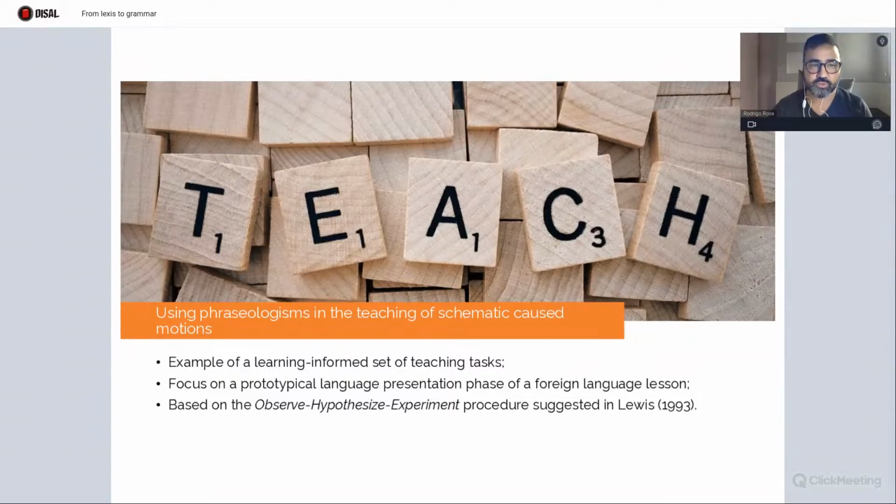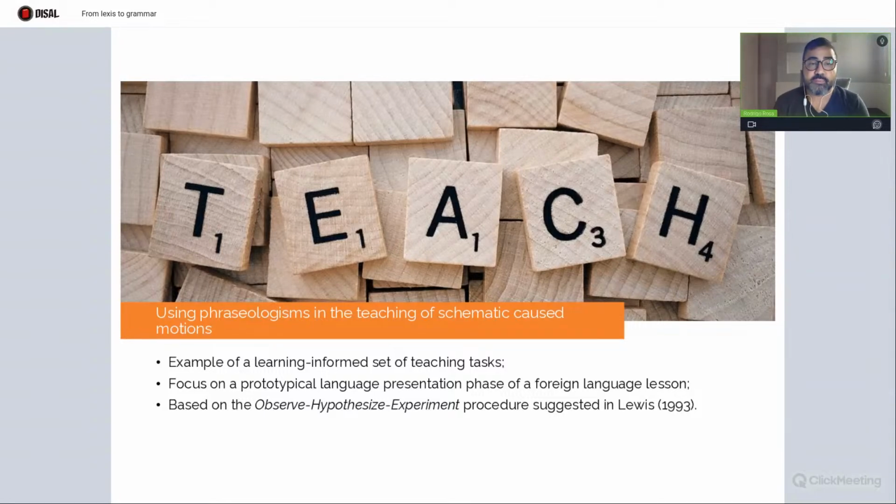What I'm about to present to you then is an example of a learning informed set of teaching tasks. I'm actually going to present the way that I went about teaching my C1 level students caused motion constructions based on their previous existing knowledge on phraseologisms, right?